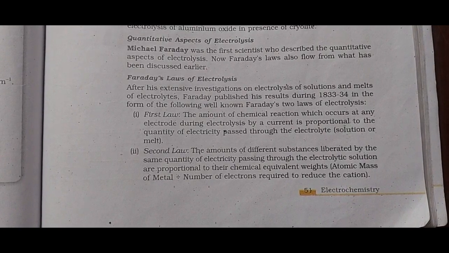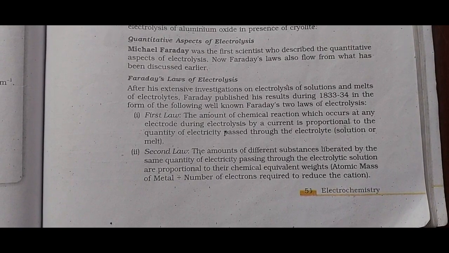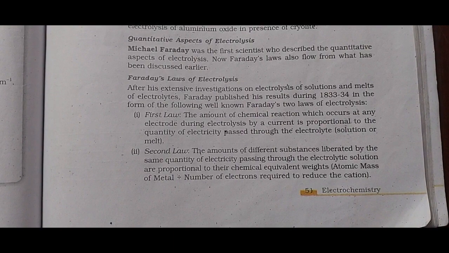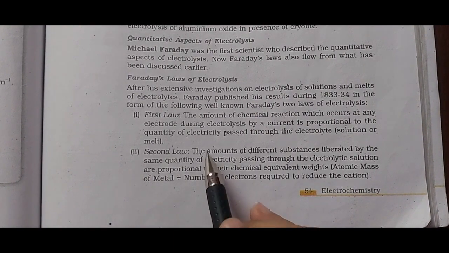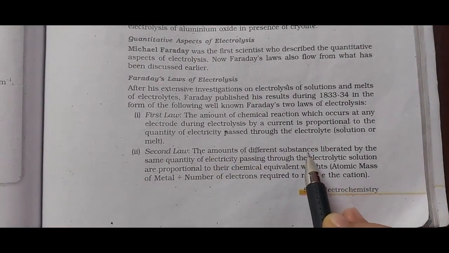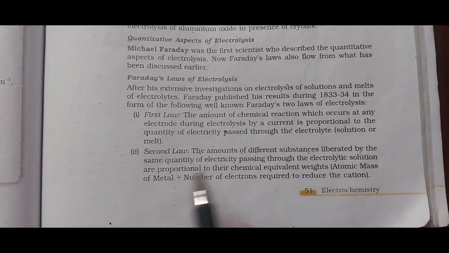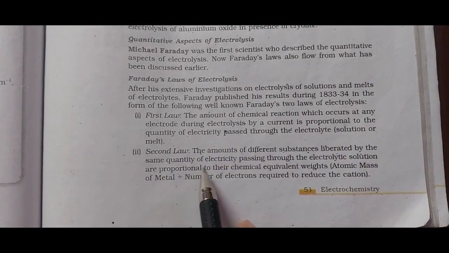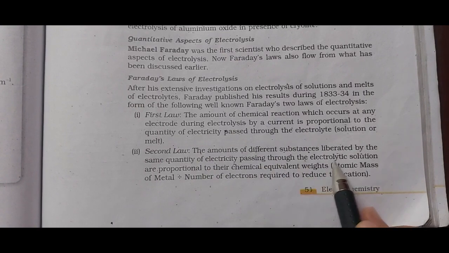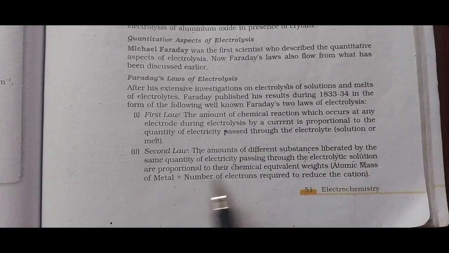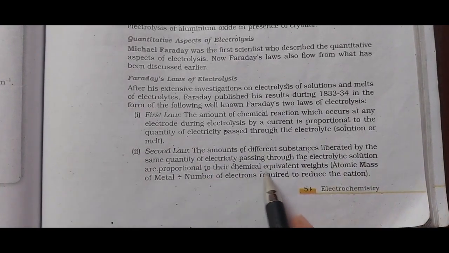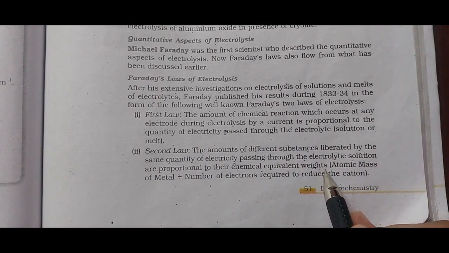Yes, if we consider the NCERT book, if you look at the statement given, the amount of different substances liberated by the same quantity of electricity passing through the electrolytic solution are proportional to their chemical equivalent weight.